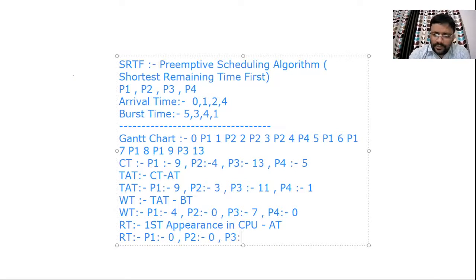P3 has first appearance at 9 and arrival time was 2, so 9 minus 2, 7. And P4 has its appearance at 4 and arrival time was 4, so 4 minus 4, 0. Let me verify: 0, 0, 7, 0. So this is the way you compute turnaround time, waiting time, and response time.